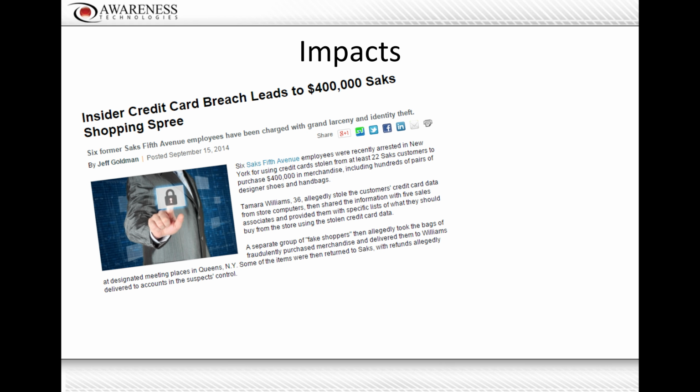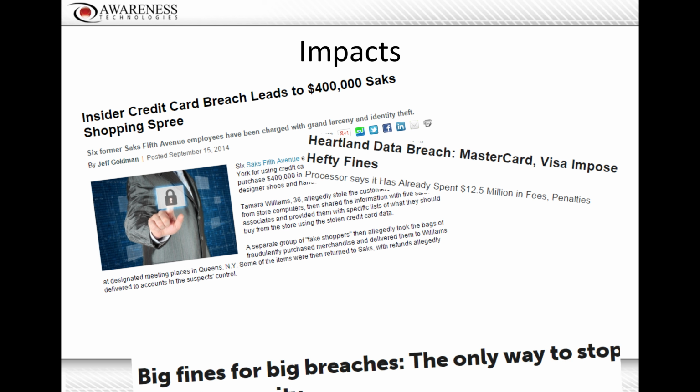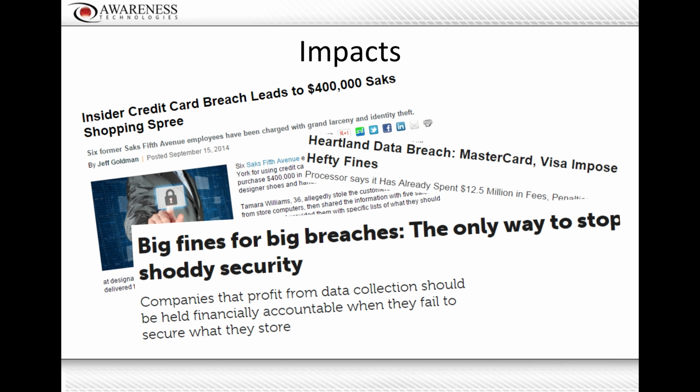So what are some of the impacts? I mean, here's a credit card breach that led to a huge shopping spree at Saks. I mean, who do you think's picking up the bill for that? Here's a data breach that caused some hefty fines that got applied. So $12.5 million in fines and fees.